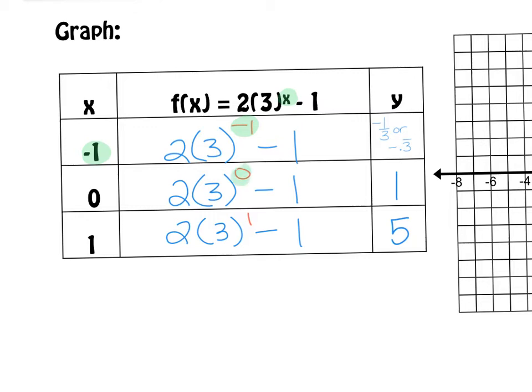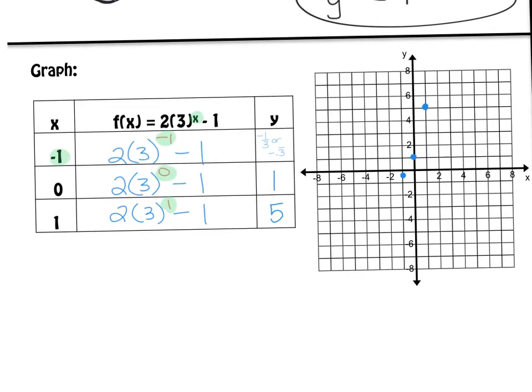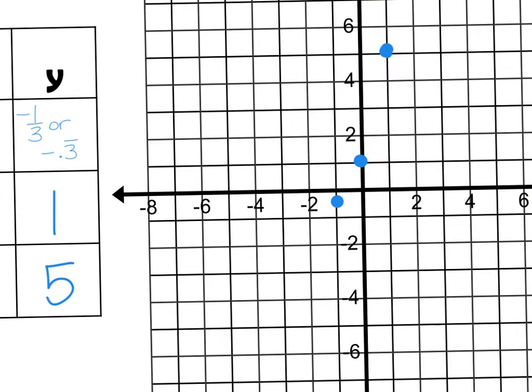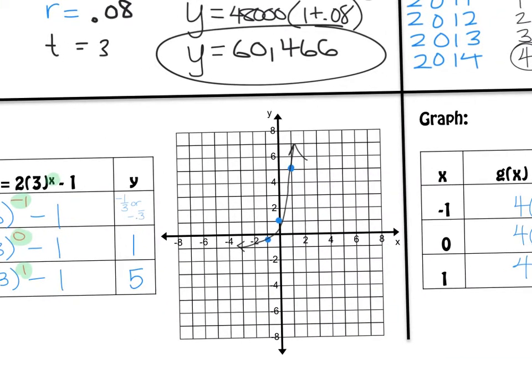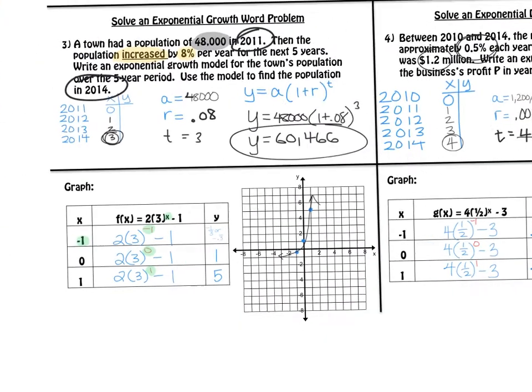And then I plugged in 0 as my exponent, and it gave me 1. I plugged in 1 as my exponent, and it gave me 5. So when I graph this, it's just going to look like one of the two that are above. So this one is going to look like this. Okay. And it's going to go up from left to right.